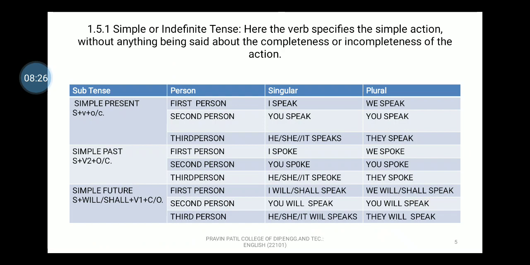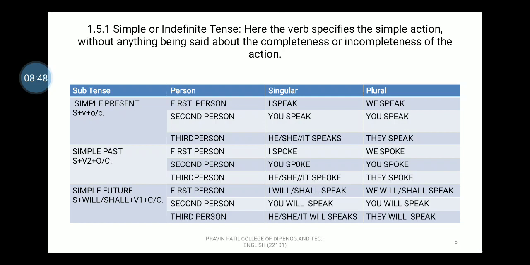We will discuss the same things in the tables. 5.1.5.1 Simple or indefinite tense. In the next video we are discussing the uses. Before that, structure is very important. Tense is a Latin word which means time.